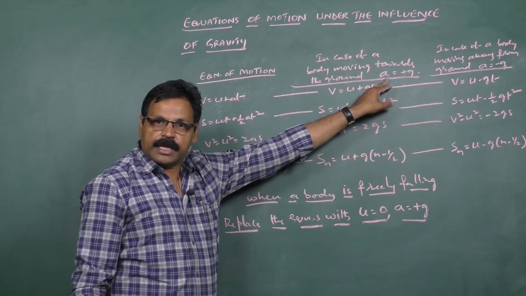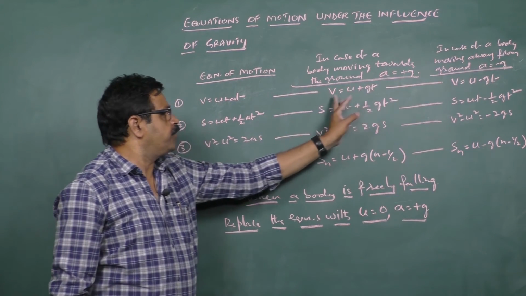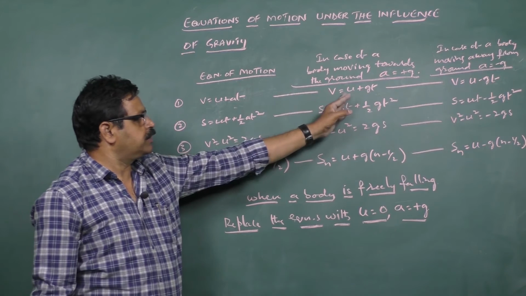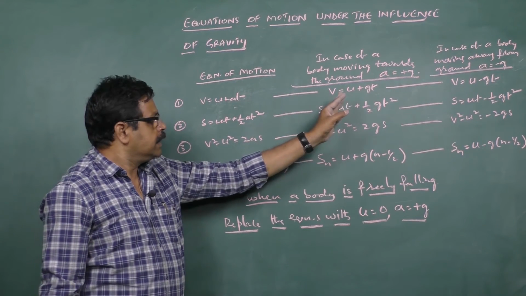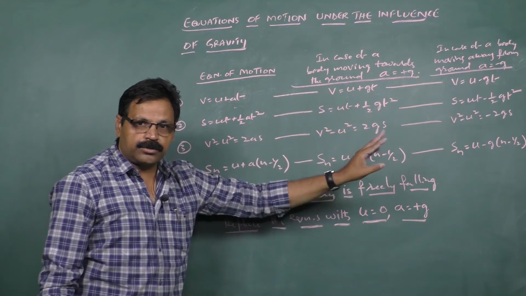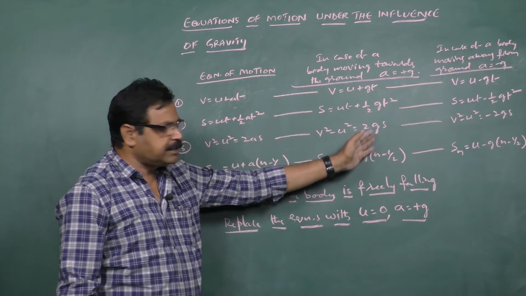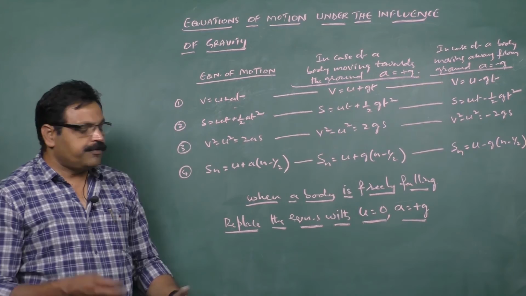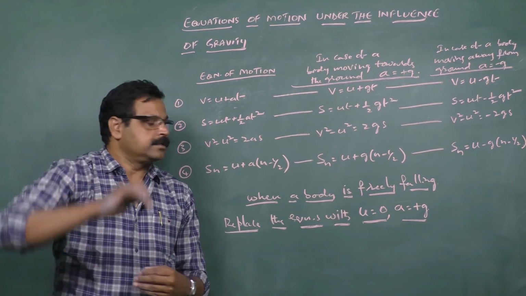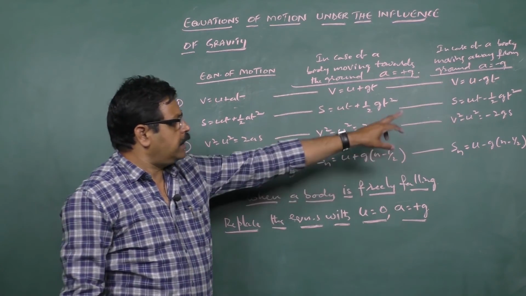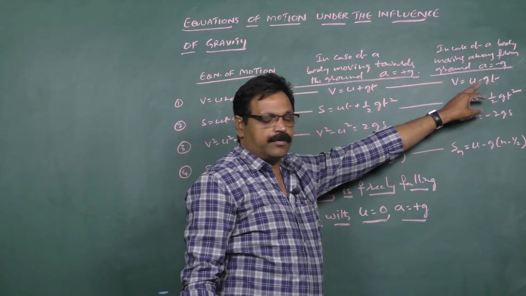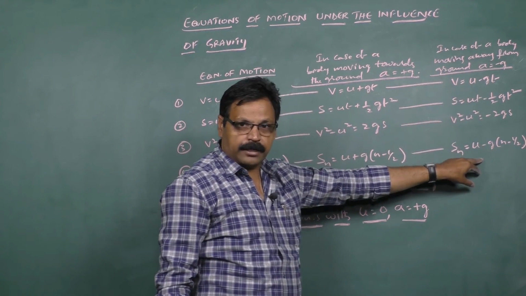Therefore, simply replace a with g. The first equation of motion converts into u plus gt, the second into ut plus half gt square. Simply you are replacing a by plus g. Unlike that, if a body is thrown upwards, a should be replaced by minus g. Therefore, the equations change in this manner.